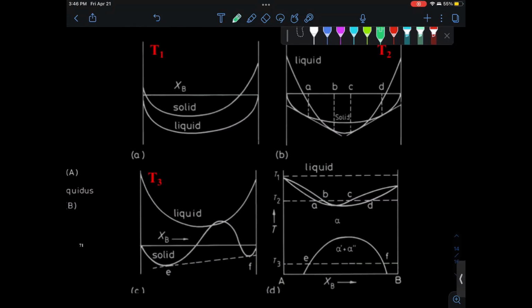At T1, we have the liquid line lower than all of the solid line, so we are in a totally liquid phase.